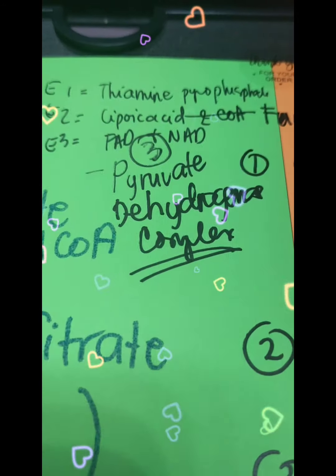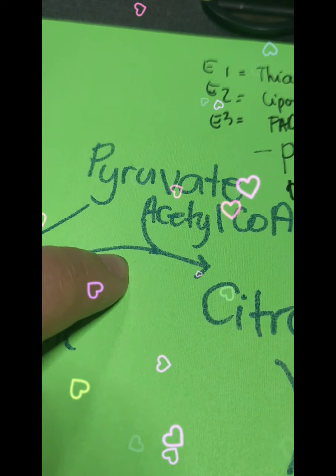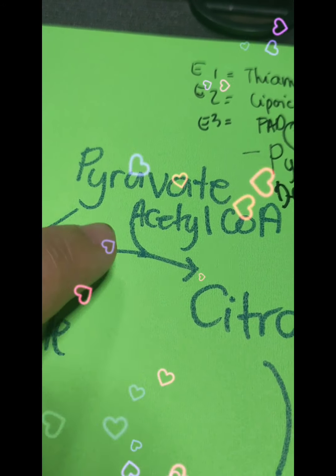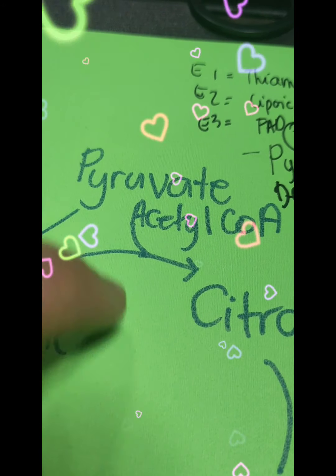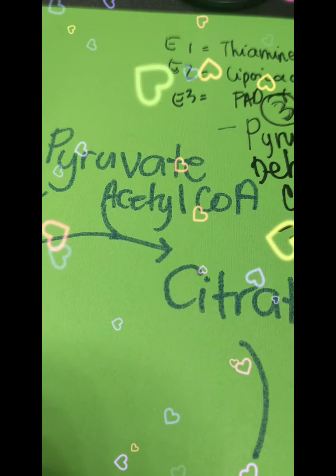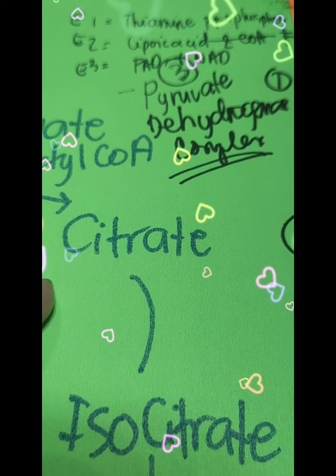Sabi nga natin, there is acetyl. So, this is the first part of the cycle, AcetylCoA production. So, pinaliwanag lang natin paano nagkakaroon ng AcetylCoA. Okay? And this will be followed by citrate synthesis.